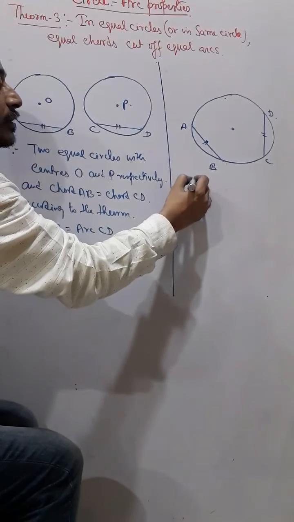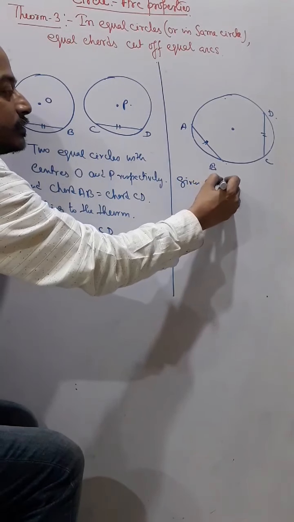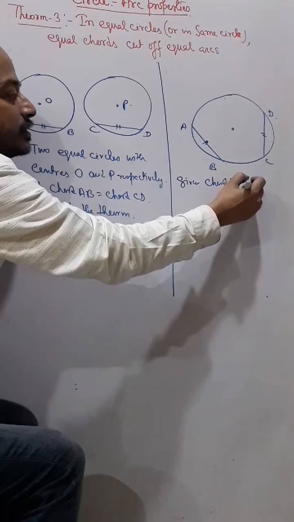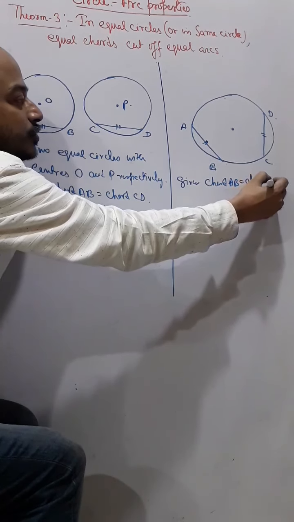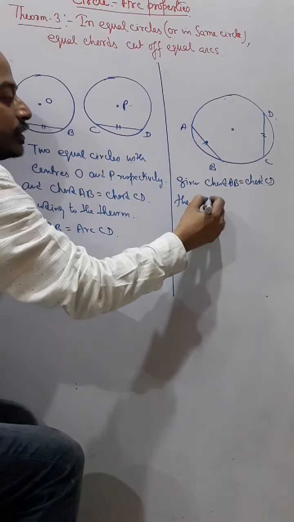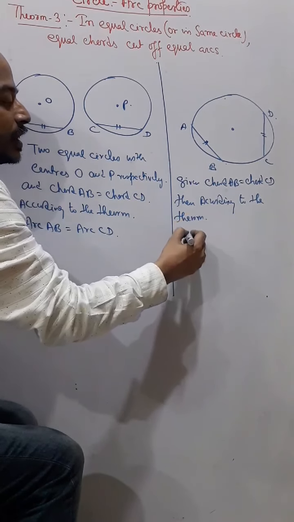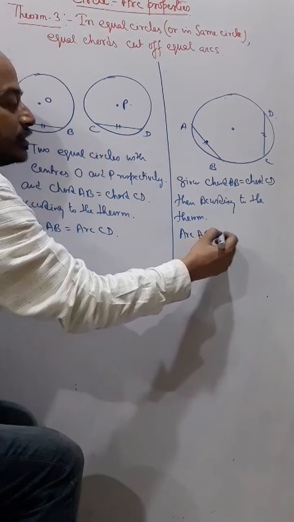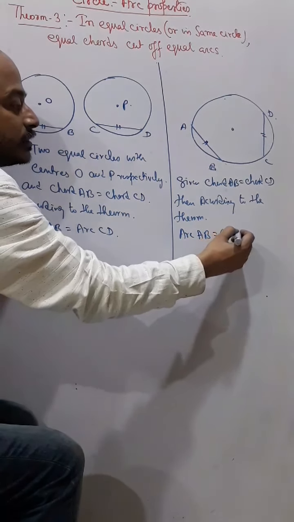So given chord AB is equal to chord CD, then according to the theorem, arc AB is equal to arc CD.